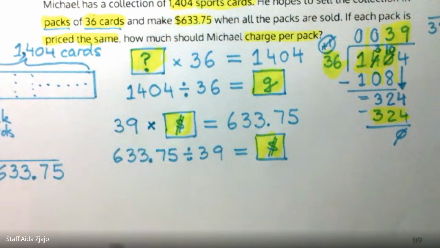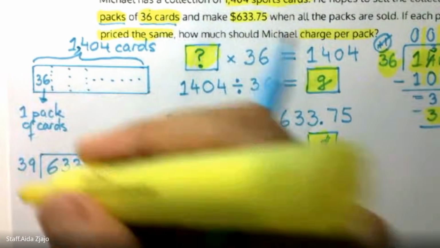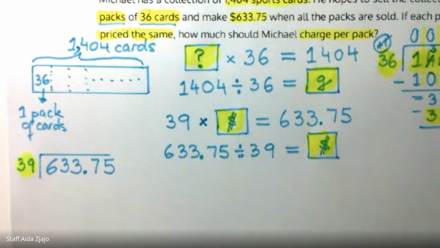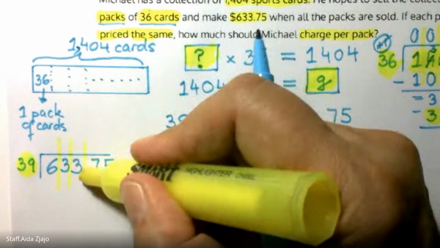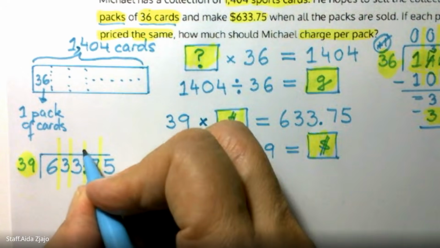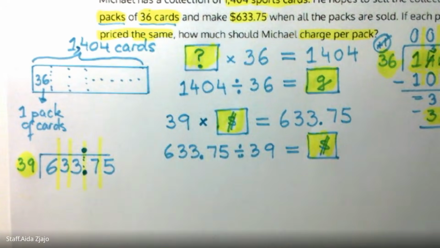39 is really close to 40, so it's going to be easy to do this. I'm going to draw a line between place values, and I will have my decimal right where it is in my original number.